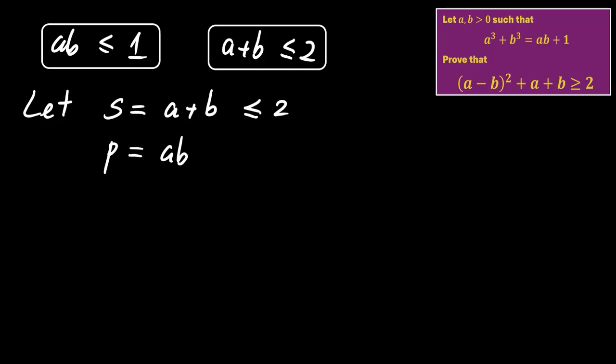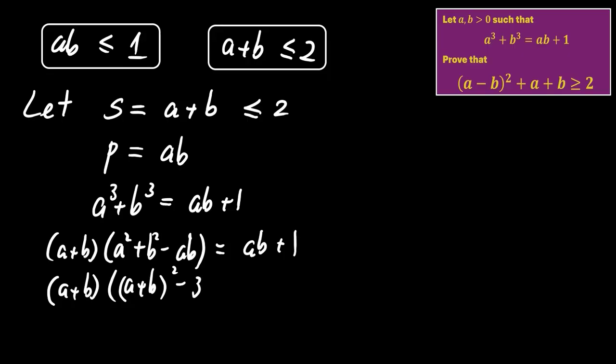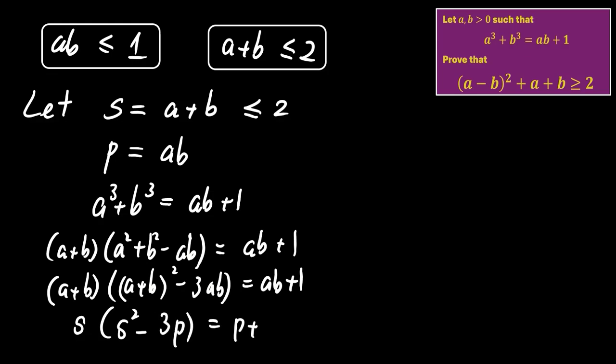Let p be the product ab. From a cubed plus b cubed equals ab plus 1, this is (a plus b)(a squared plus b squared minus ab) equals ab plus 1. And this can be written as (a plus b)((a plus b) squared minus 3ab). a plus b is s, so this is s times (s squared minus 3p) equals p plus 1.